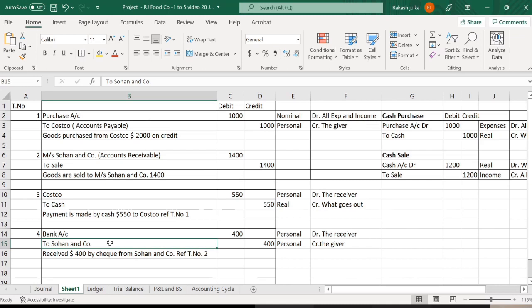Because within a period of 12 months, less than 1 year, that amount can be converted into cash. That's why this is known as accounts receivable. So this is all about the credit transactions that we do in accounting.